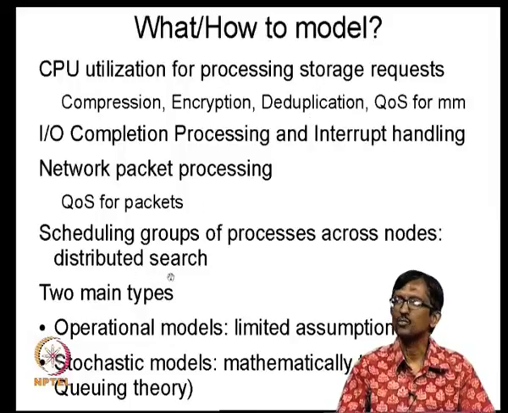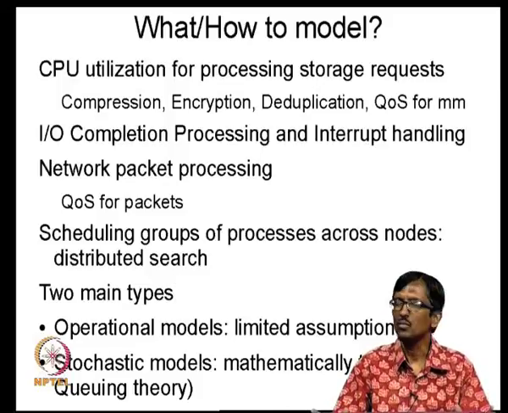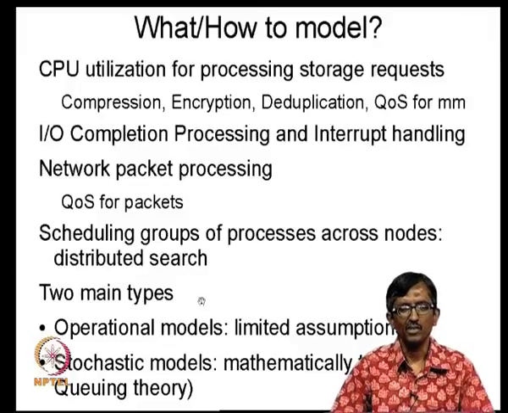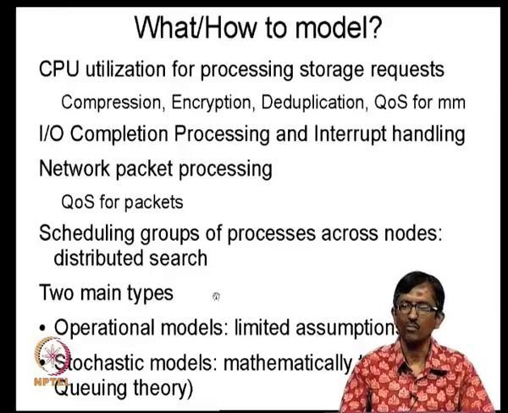Again, if you are doing a distributed search, for example, like what Google is doing, you might want to have some performance model for multiple nodes doing something together. Given this simple background, there are various models of performance. I am just going to talk about the simplest varieties.